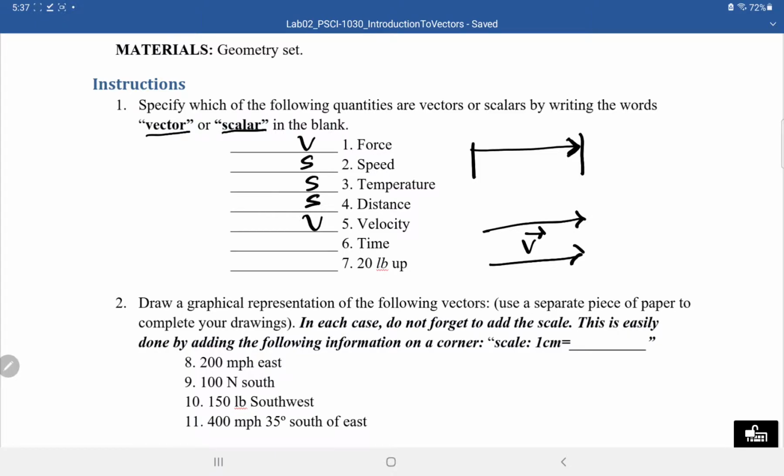And what about time? Time also has magnitude only, so this is a scalar. So what is this one? This is 20 lb up. Simply, mass is a scalar quantity, but in this question it is 20 lb up, so it is a vector quantity.